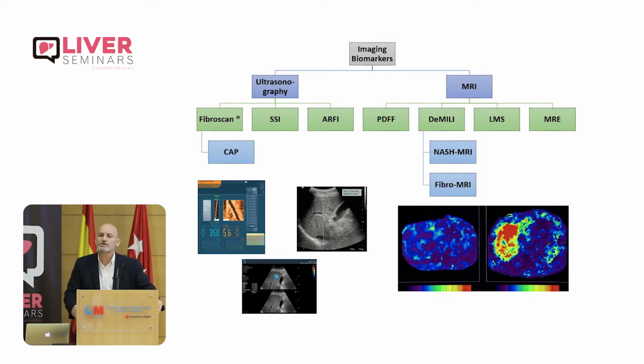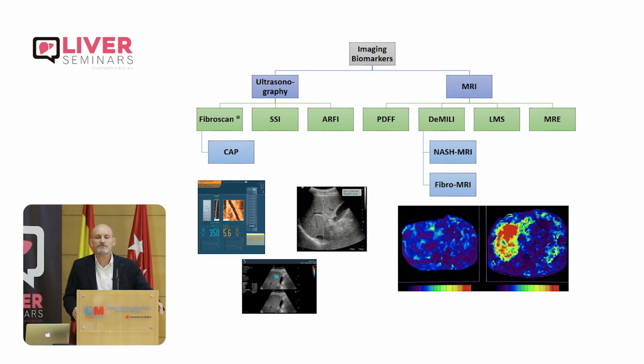All these methods show a similar diagnostic accuracy, but FibroScan is very, very extensively available in the majority of clinical centers. We have many data, and we know exactly the limitations of FibroScan included in clinical practice. In magnetic resonance, we can use magnetic resonance with 4 different approaches.